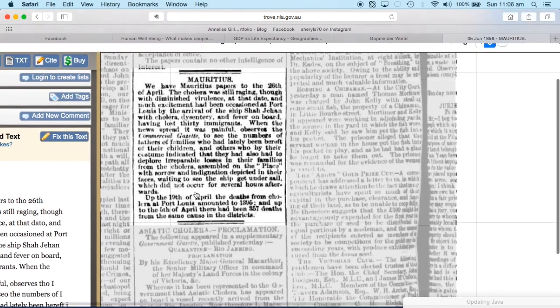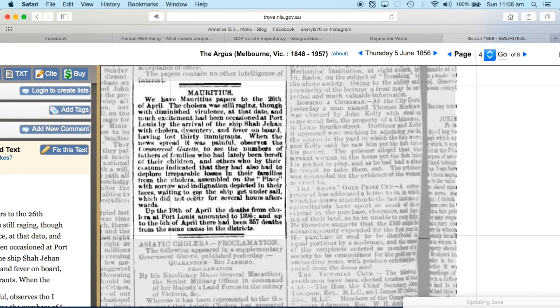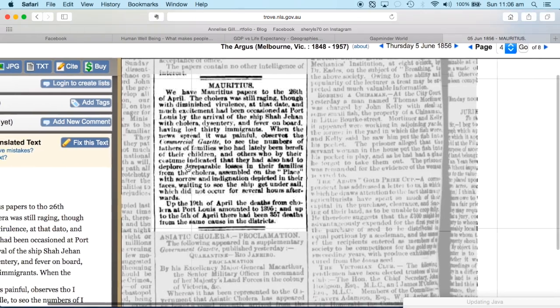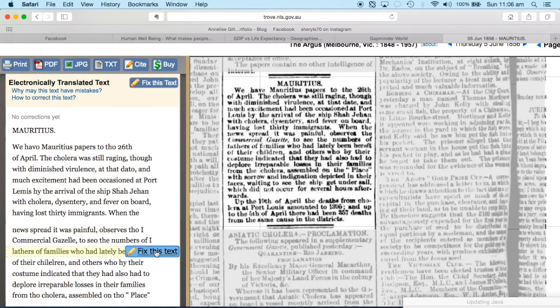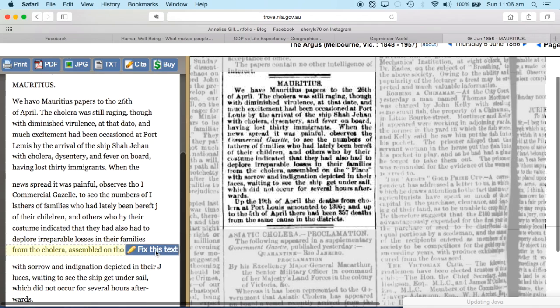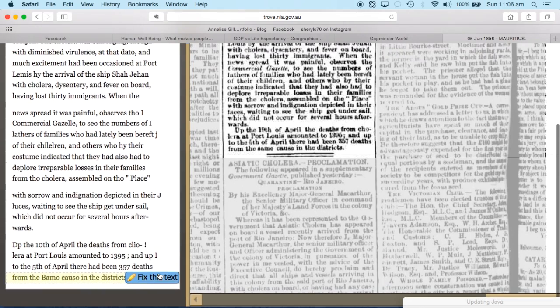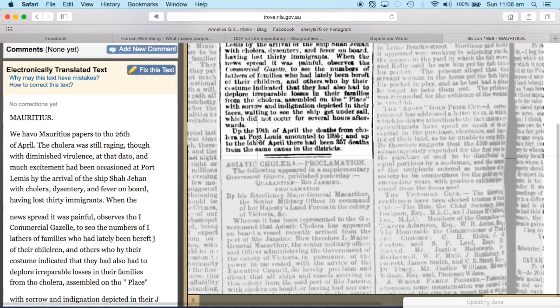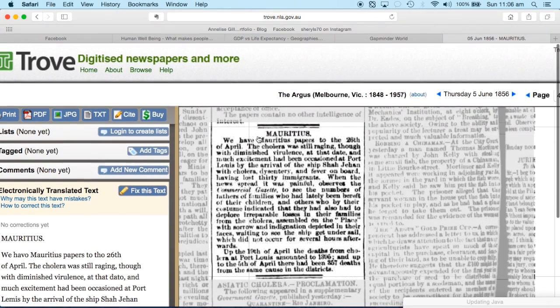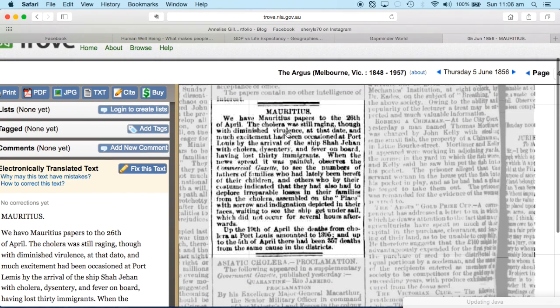So this is actually from the Trove, which is the National Library. And it talks about the Mauritius papers. Now, I'm only sort of assuming here that the Mauritius paper is a newspaper from Mauritius. And it talks about cholera raging in the country after the arrival of a ship.